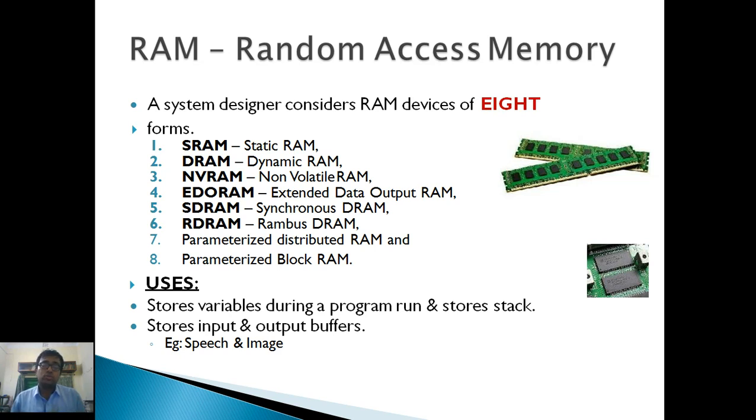Programs are stored in ROM on a permanent basis, and for program run, when we need executable programs, a sequence of programmable instructions or data, we store them in RAM. So let's start with the different kinds of RAM.